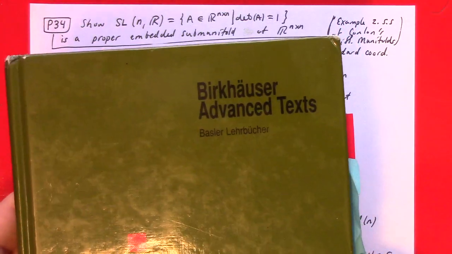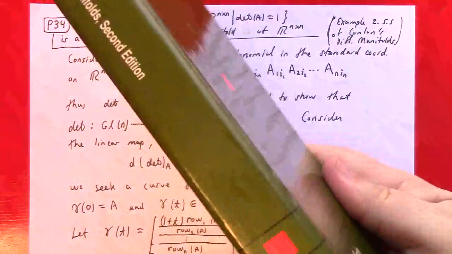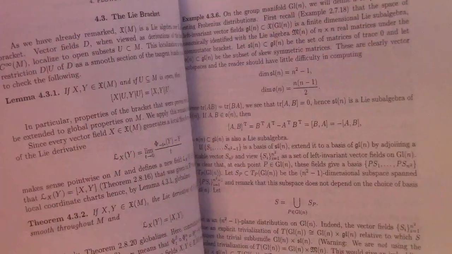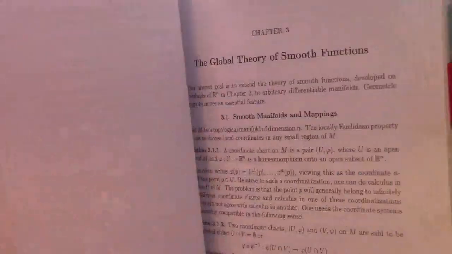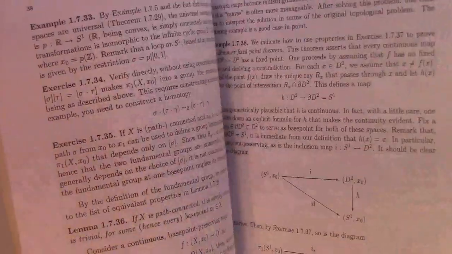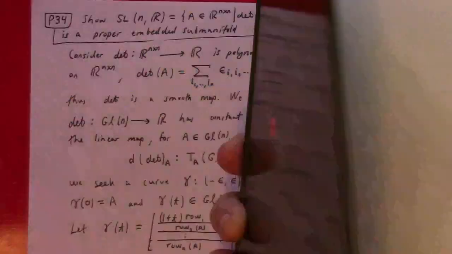This is Birkhäuser Advanced Texts, Lawrence Conlon, Differential Manifolds, 2nd edition. This is a good book. I think this is a good book to read after the course. It's a great second book in manifold theory. If you're a really well prepared student, like if you've had a couple semesters in analysis and a topology course, and you are well versed in reading mathematics, this is a good first book.